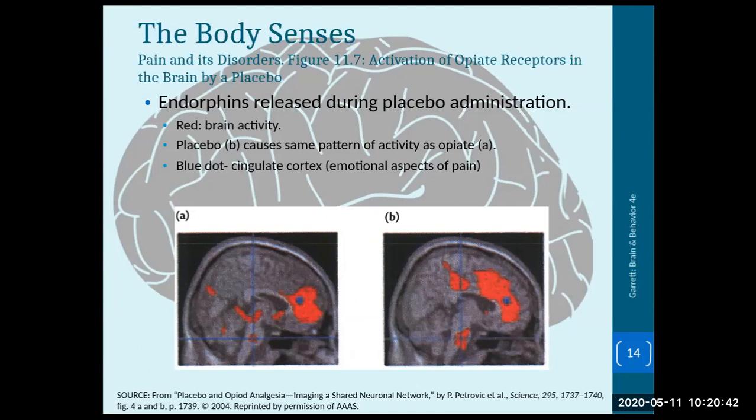The blue dot is what we call the cingulate cortex, which is in the frontal lobe, kind of near the basal ganglia and those areas. And that is where the emotional aspects of pain are, part of that limbic system.